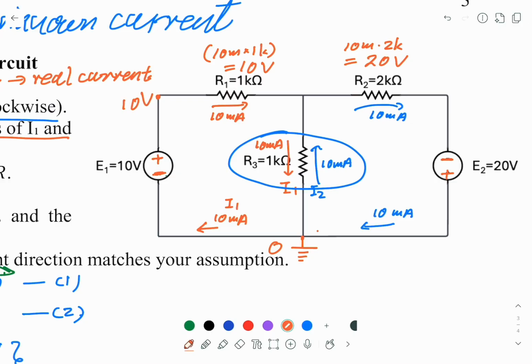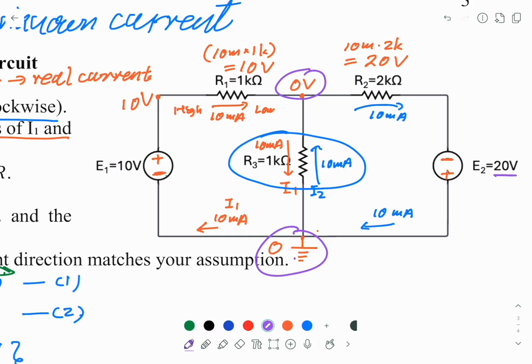Across R1, the potential difference is 10 volt, and the current flows from the left to the right. So in terms of potential, this is high, this is low. So this must be 10 minus 10. This point must be 0 volt. Now this is important. This is 0 volt, and also this is 0 volt. Therefore, there's no potential difference across R3.